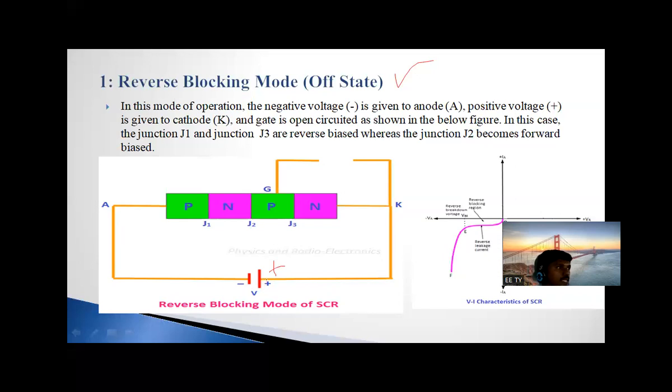The positive terminal of the supply voltage is connected to the cathode. Is it right or not?